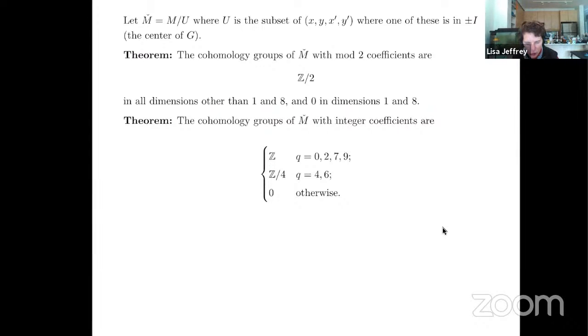And with integer coefficients, we find Z in dimensions 0, 2, 7, and 9, Z4 in dimensions 4 and 6, and otherwise 0.